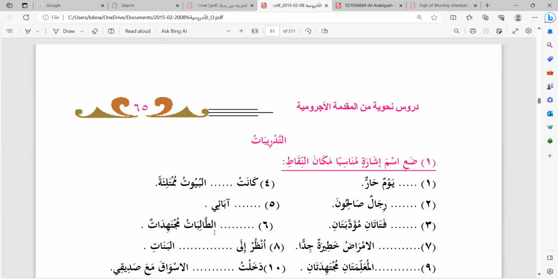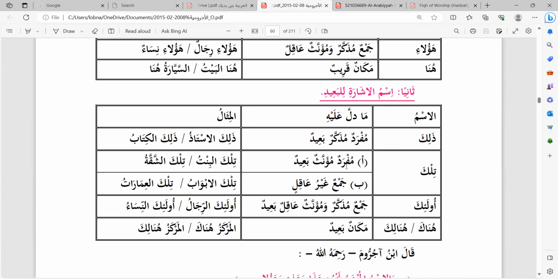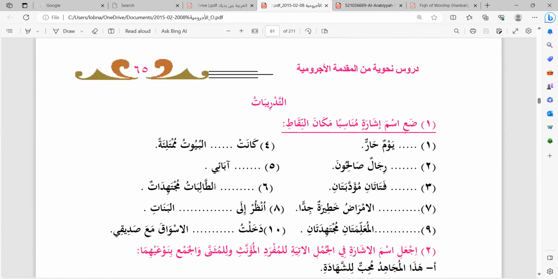What would you use? Everybody's quiet. Let me show you the table. Remember, it's هؤلاء بنات مجتهدات, or you can say أولئك.